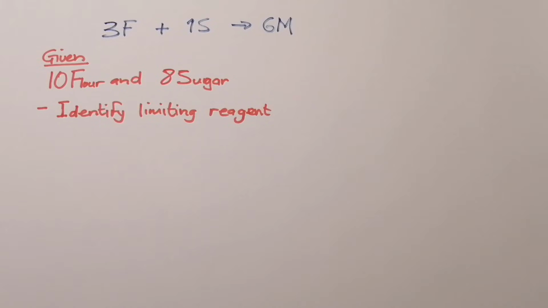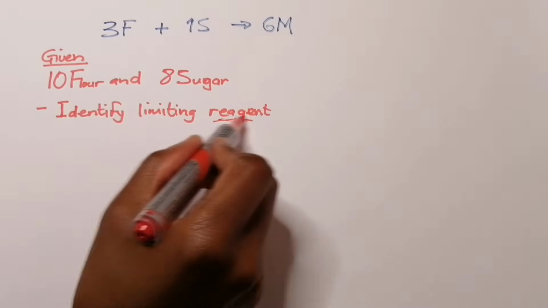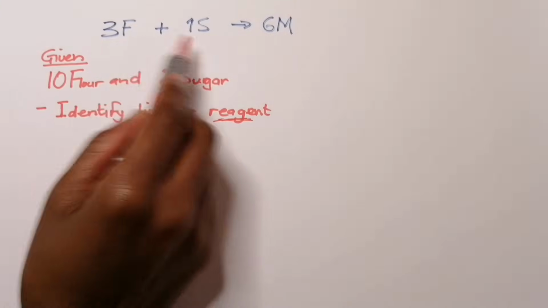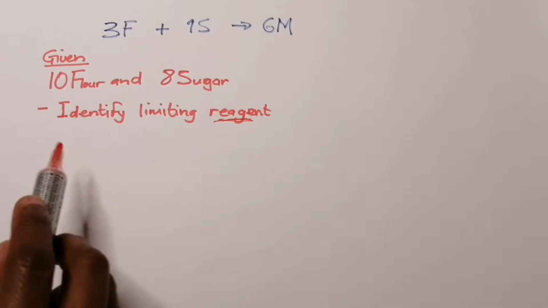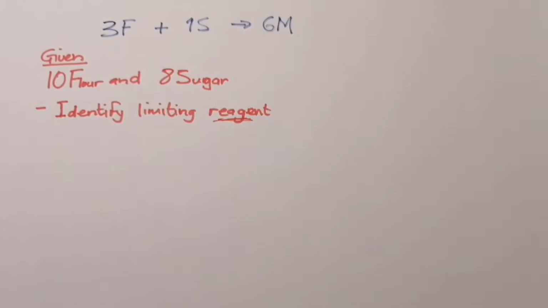Even if you're not a science person, I'm sure this lesson will be quite useful for you. So first of all, I want us to identify which of those reagents, which one between these 2, will limit the amount of products that will form, the amount of muffins that we'll make.